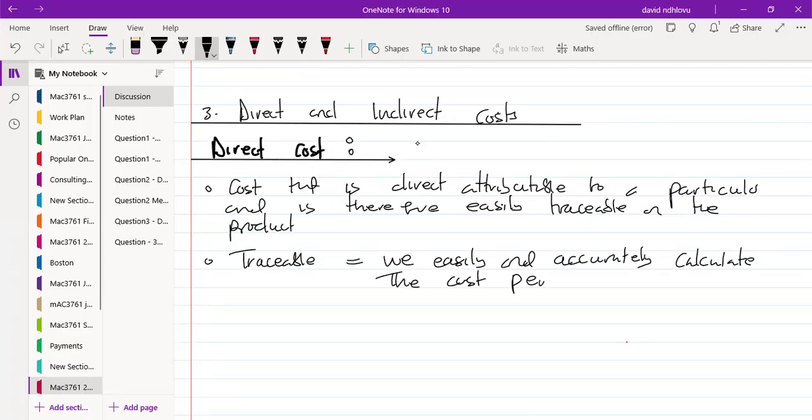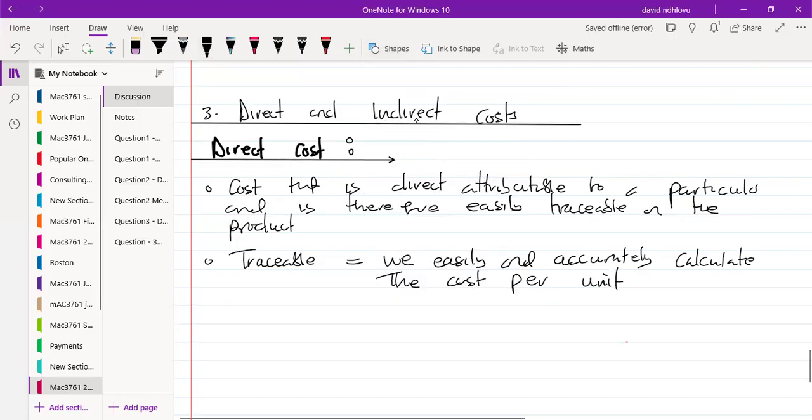So if we want to find out a particular cost, we want to know how much it costs to produce 1 unit. If we can easily and accurately determine that, then we are probably dealing with a direct cost. Remember, it is a cost which is directly attributable to a particular product.